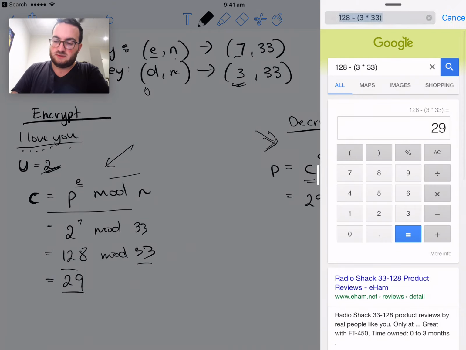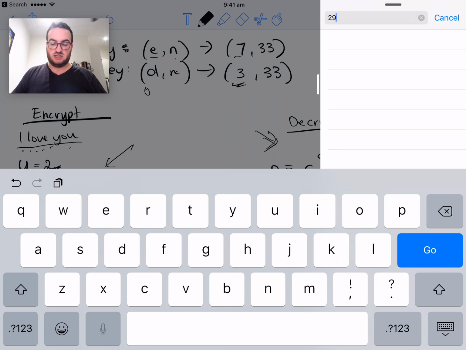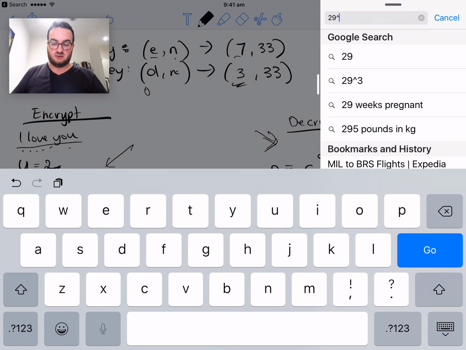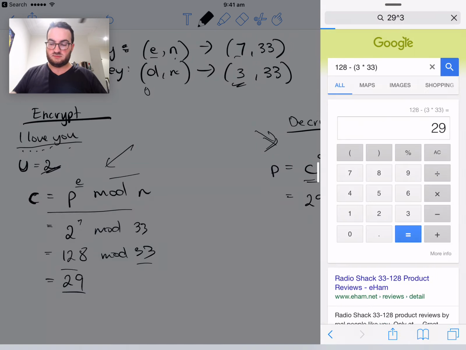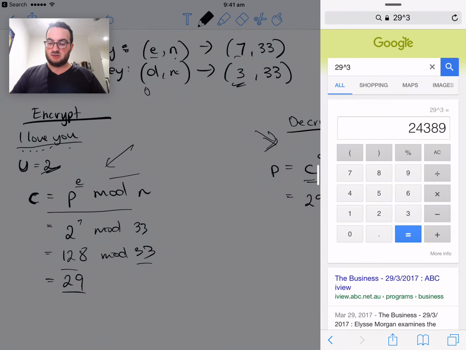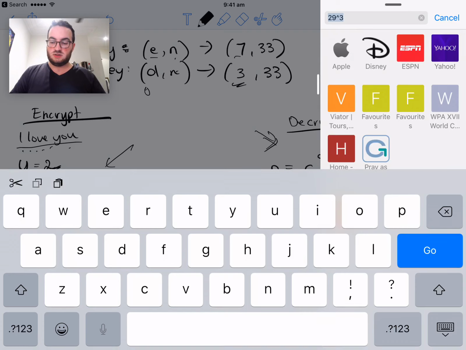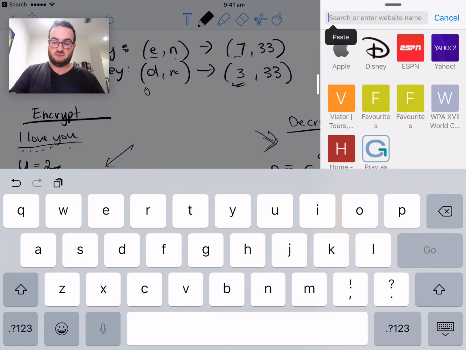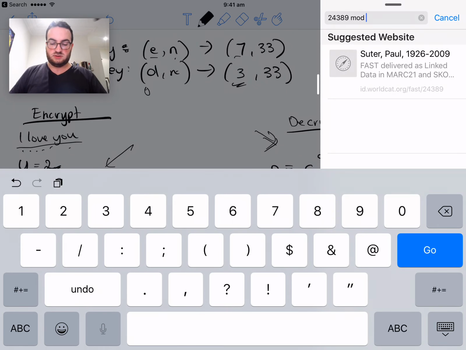So let's calculate this one. What is 29 to the power of 3? Let's figure out what that is. That number again, mod 33.